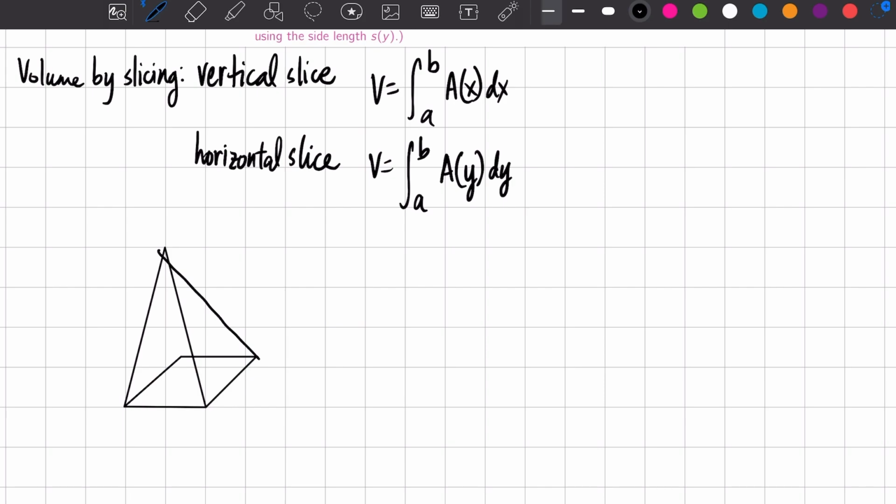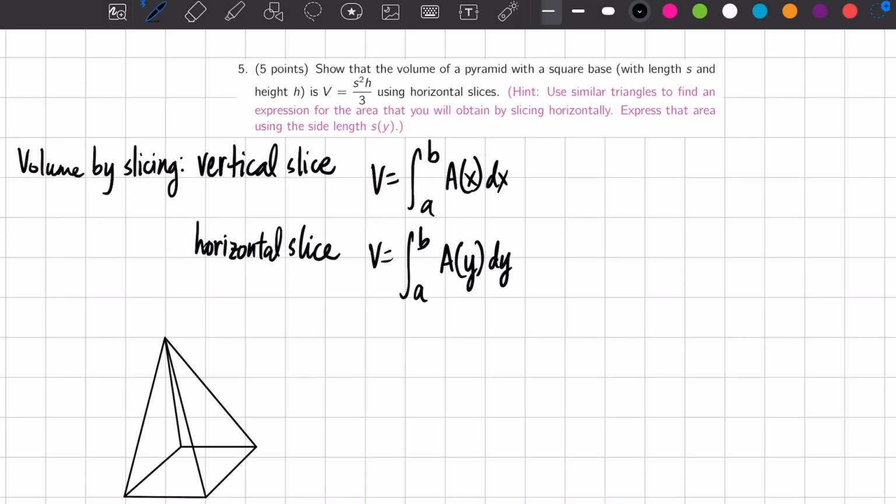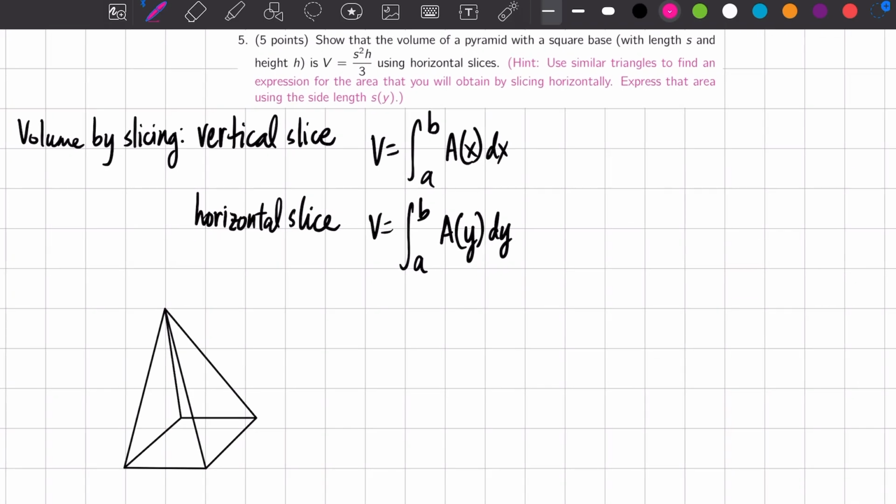I'm not that good at drawing actually. So you have your pyramid right here, which doesn't really look that right. Okay. So this is your pyramid with the square base of length s, and it has a height of h.